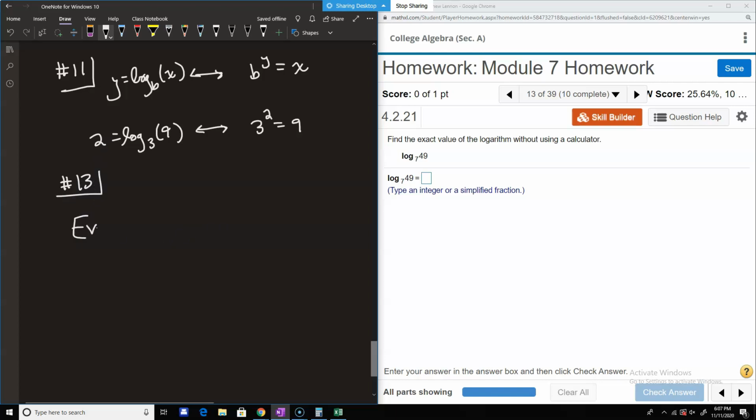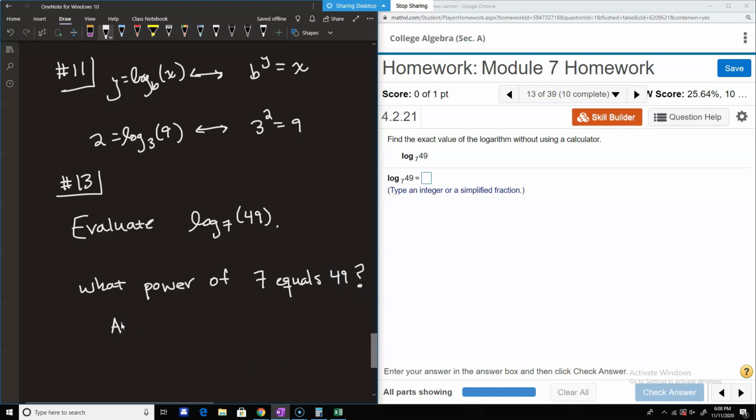So if they say evaluate log base 7 of 49 like this, you're just trying to answer what power of 7 equals 49. That should be easy, right? 7 squared. So the power there is 2.